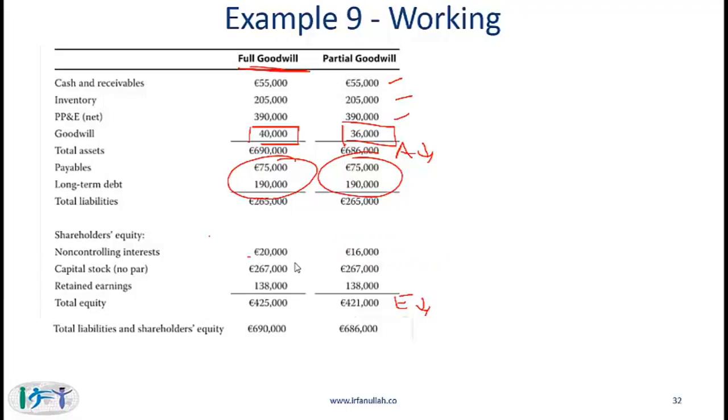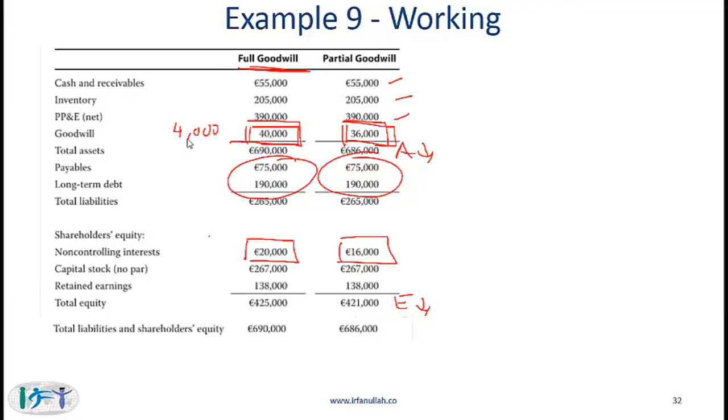Some students have trouble understanding the difference between these two numbers, but the concept is fairly intuitive. If you think about the full goodwill method, 40,000 reflects the entire goodwill. It is 100% of the company value minus 100% of the value of net fair assets. Whereas in partial goodwill, we are only taking 90%. When we take full goodwill, 4,000 of this really is the goodwill that belongs to the non-controlling interest.